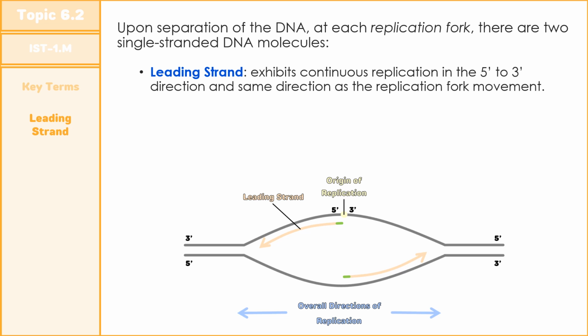Our leading strand is notable because it exhibits continuous replication in this 5' to 3' direction. And again, this is in the same direction as our replication fork movement. So it's often easy to identify which is our leading strand because of these two key characteristics.